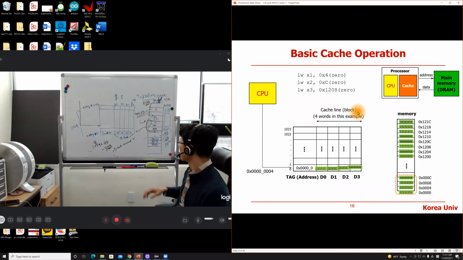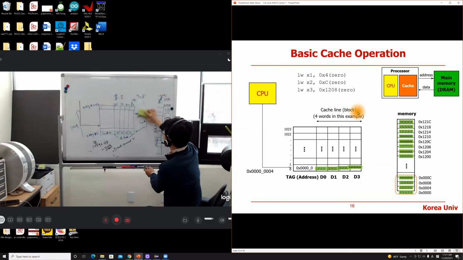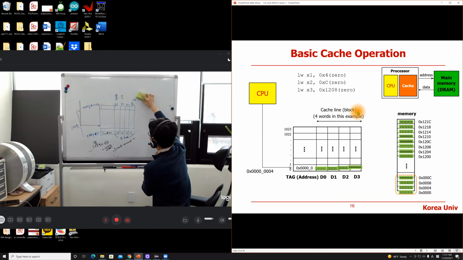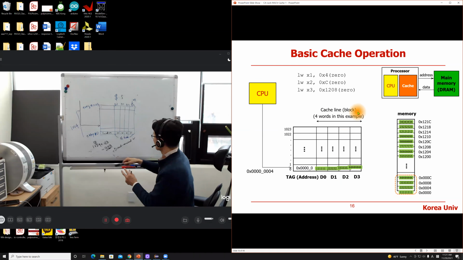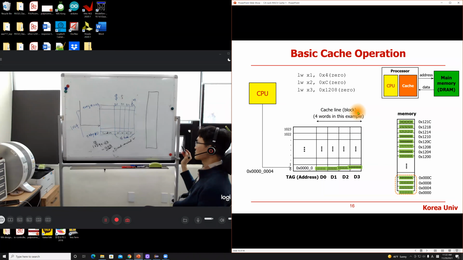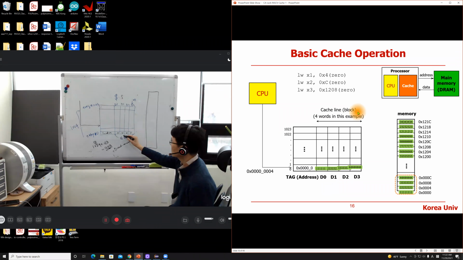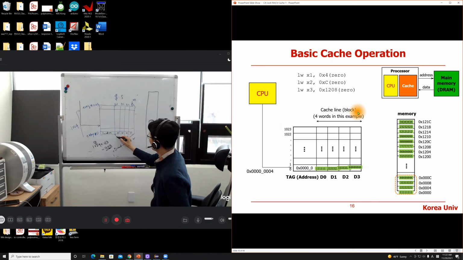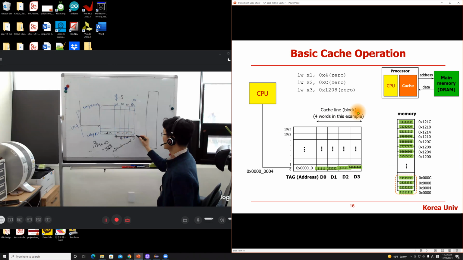So this one, memory block, cache line. A little bit confusing, first time a little bit hard to understand. So you have four words, that is called cache line or cache block.